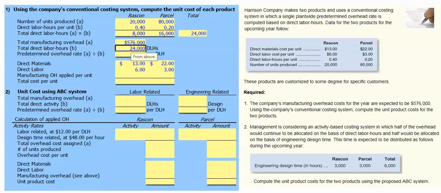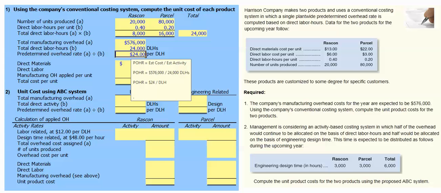If we take our total manufacturing overhead of $576,000 and divide it by our estimated direct labor hours, we get a predetermined overhead rate of $24 per direct labor hour. We can now use our predetermined overhead rate to apply manufacturing overhead to both the Rascon and the Parcel.